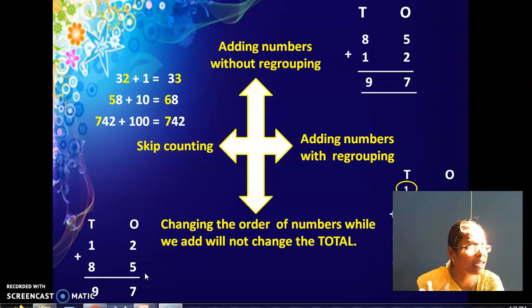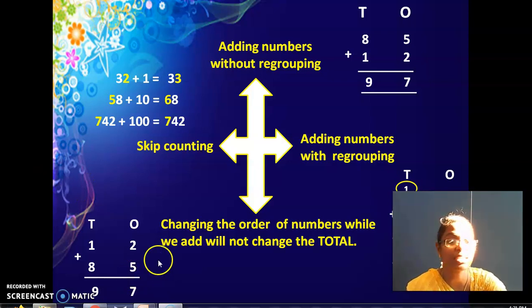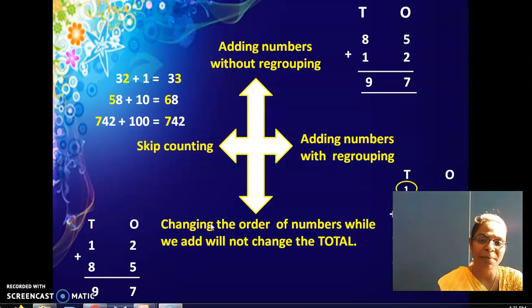The numbers can be written in a different order, but I have to get the answer as 66. So that is the example for changing the order while adding numbers: the total will not be changed. So these are the methods we have learned.